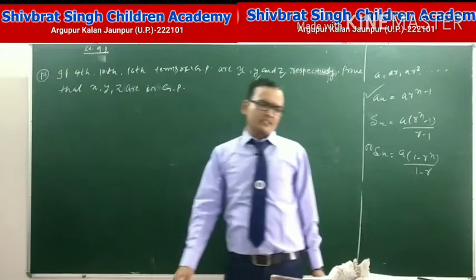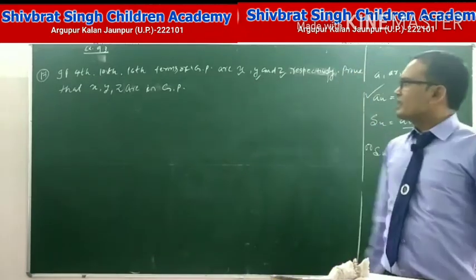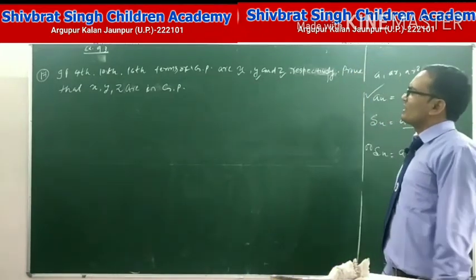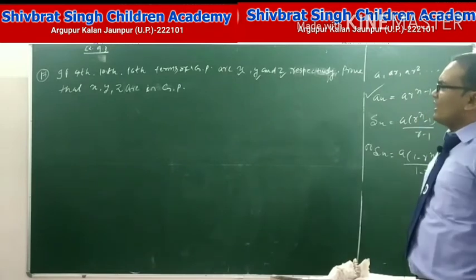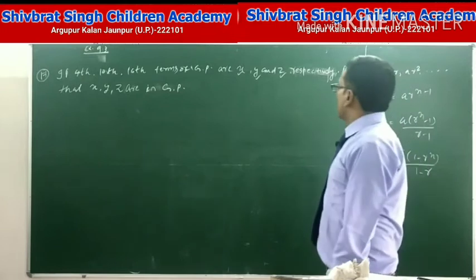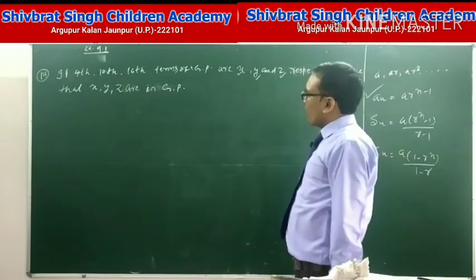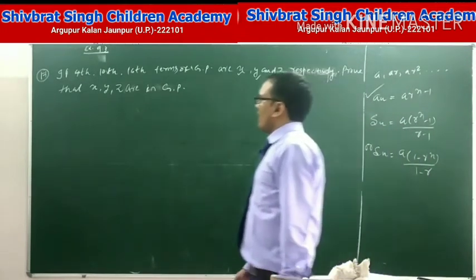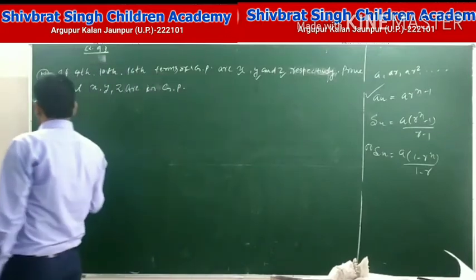Our question is: if the 4th, 10th and 16th terms of the GP are X, Y, Z respectively, then prove that X, Y, Z are in GP. Solution.